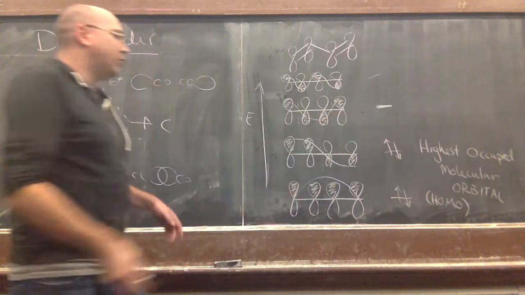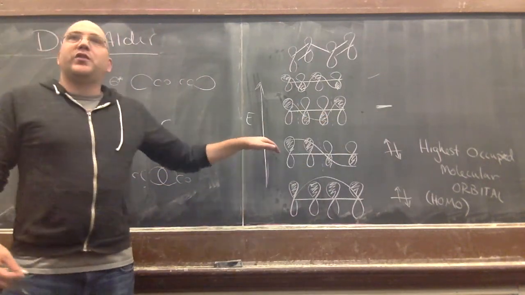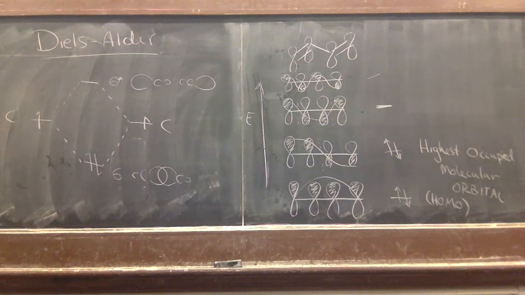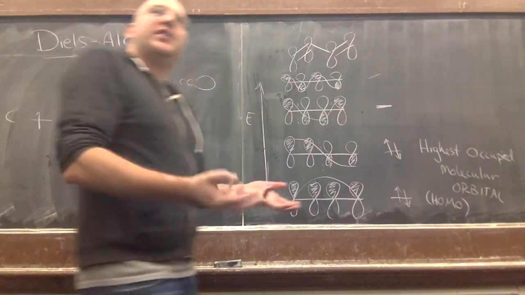That's the orbital that's highest in energy where we have electrons. So the highest energy electrons are going to be the ones doing the attacking. Does that make sense?